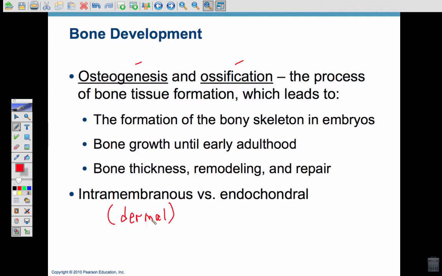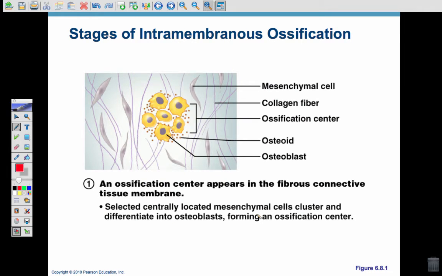So there are basically two kinds of processes for bone development. One that we call intramembranous, sometimes known as dermal development, and the other is endochondral. So let's talk about each of these in turn. Intramembranous ossification starts with mesenchyme, which is a kind of embryonic connective tissue.